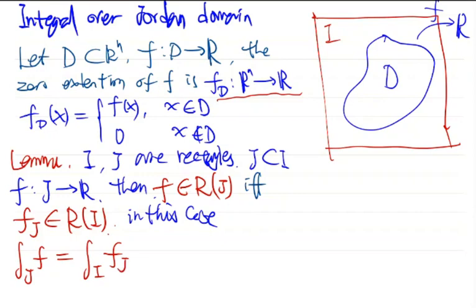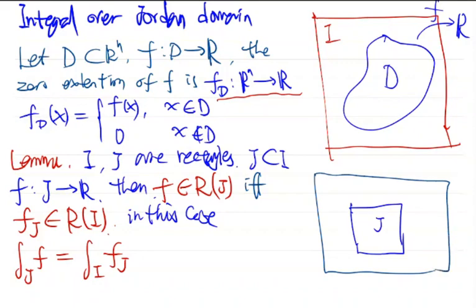So let's draw the picture. We have two rectangles. This is J, and we have a larger rectangle containing J, I. So f is integrable over the smaller rectangle if and only if the zero extension of f is integrable over the larger rectangle.